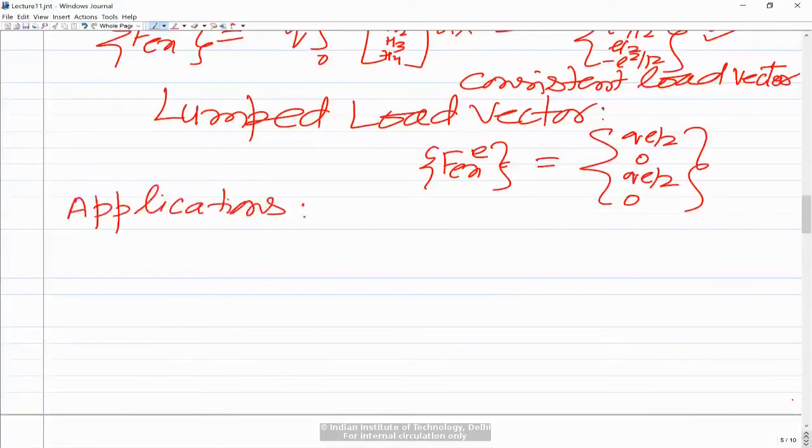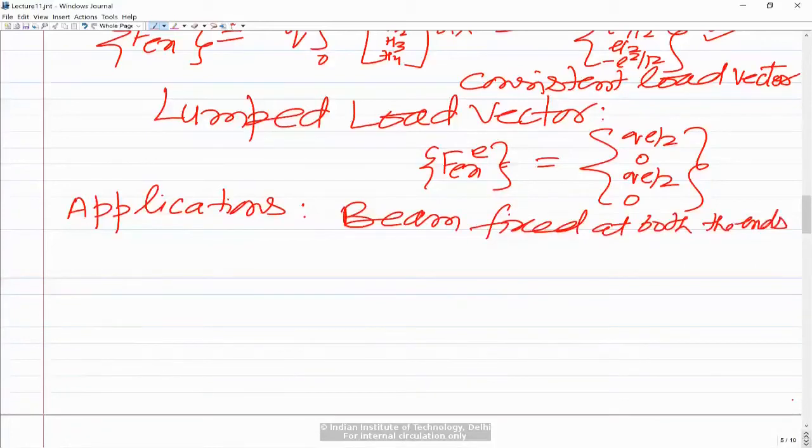First I am taking a beam fixed at both the ends and subjected to uniformly distributed load. So let us take a beam fixed at both the ends. I am taking this beam, and it is fixed at both the ends, so I'm showing this as a fixed beam.